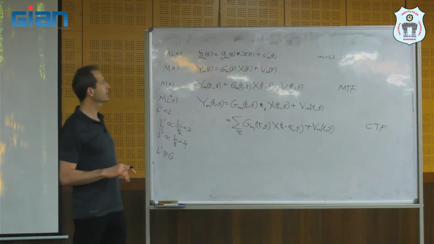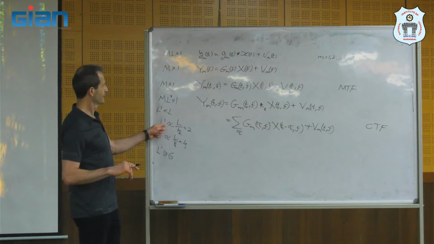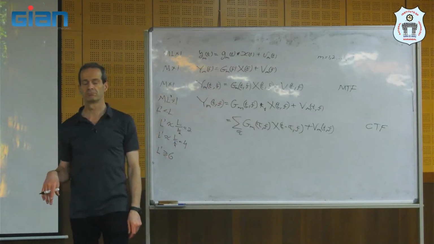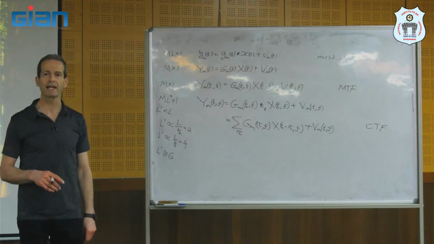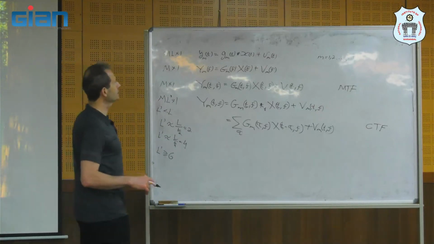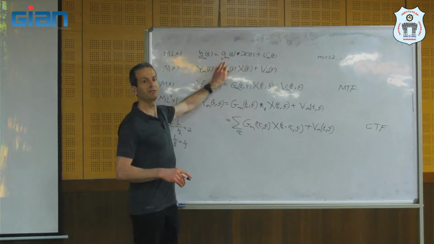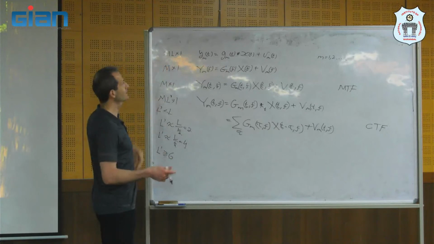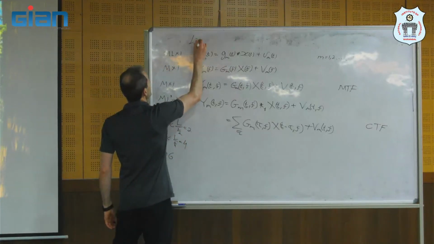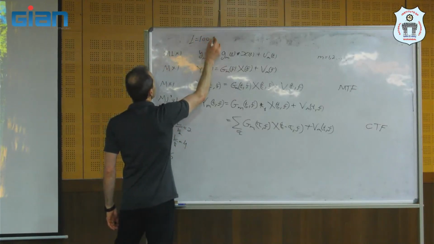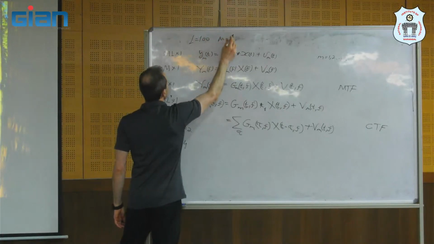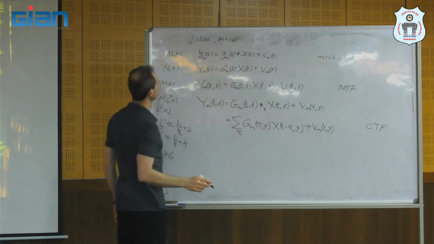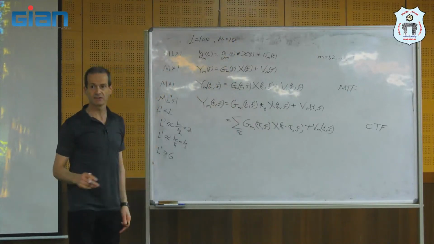And actually, if L is large, let's give an example. Suppose that L is maybe 100, maybe even more, and we work with 10 sensors. So suppose that L is 100 and M equals 10 sensors. So here, the length of the filters is 1,000.